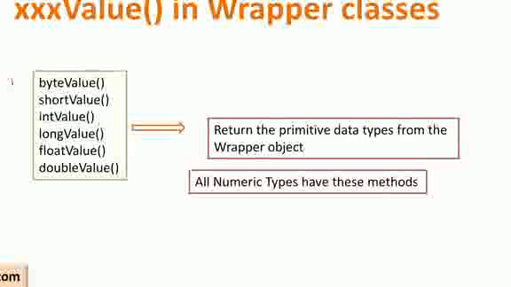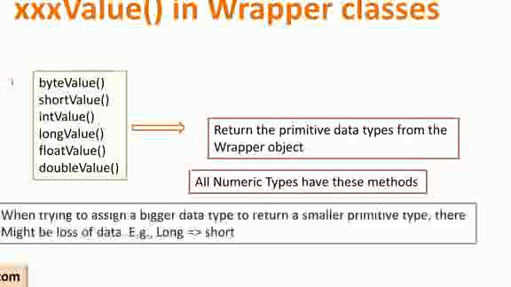All you have to ensure is that when you try to assign a bigger data type to a smaller data type, there might be a problem of loss of data. And remember, these methods are available in most of the numeric types.